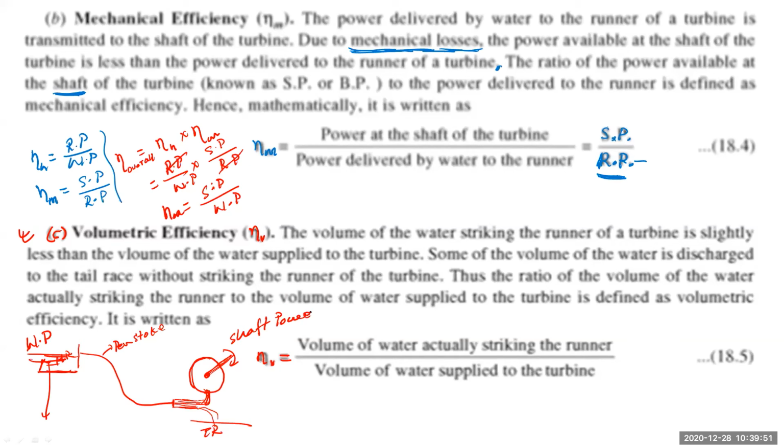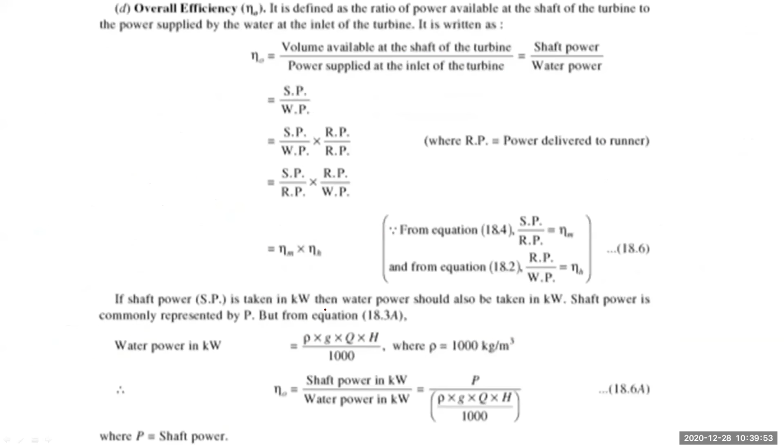In simple terms, we can say the overall efficiency is defined as the ratio of power available at the shaft of the turbine to the power supplied by the water at the inlet of the turbine.